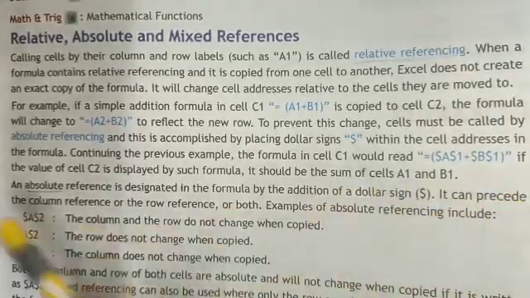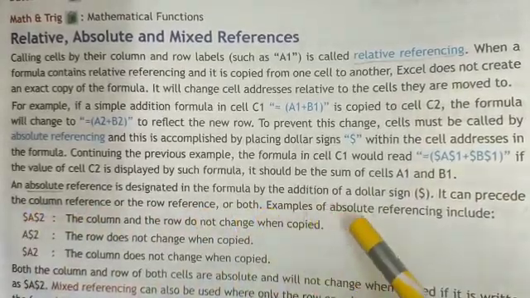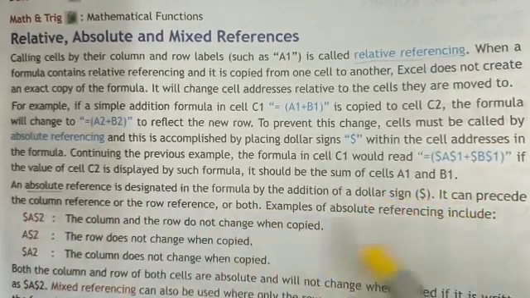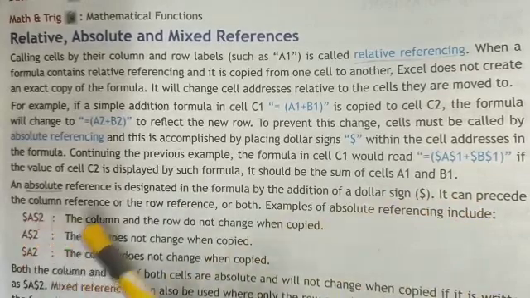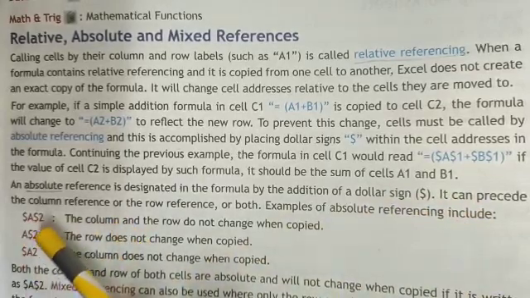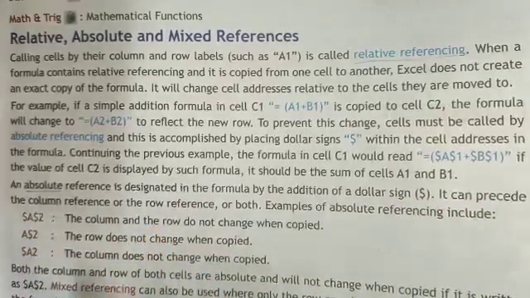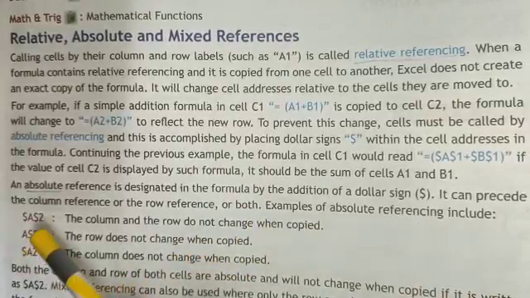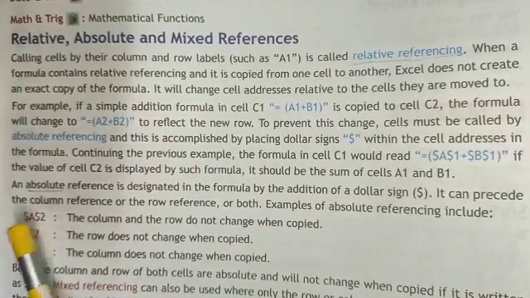It can precede the column reference or the row reference or both. Examples of absolute referencing are $A$2.